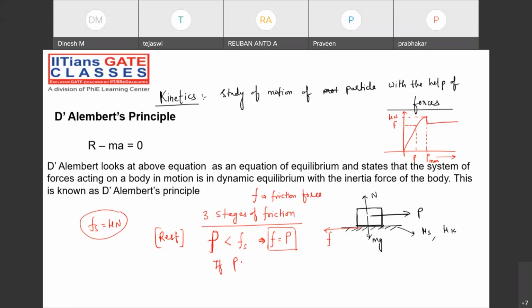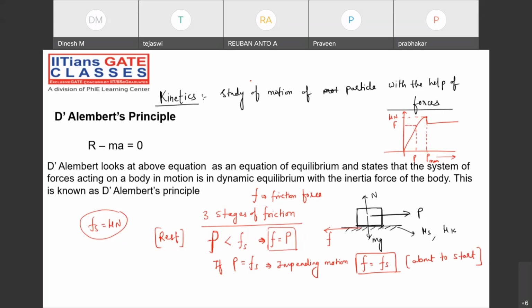Second condition. If P will be equal to Fs, this is called impending motion. In this case, friction force will become equal to static friction. About to start.